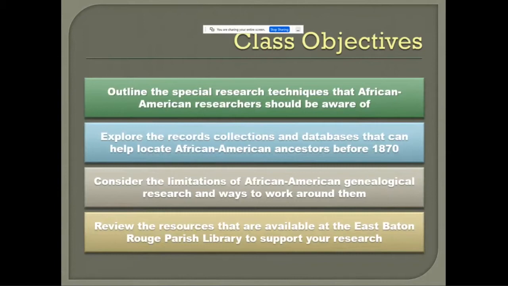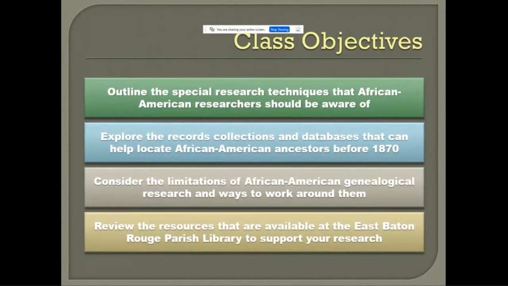So what we're going to do today, we are going to outline the special research techniques African American researchers should be aware of, and that's mostly going to be going through records, because a lot of this isn't indexed, a lot of this is only now being discovered, or being discovered in terms of its value for African American research.